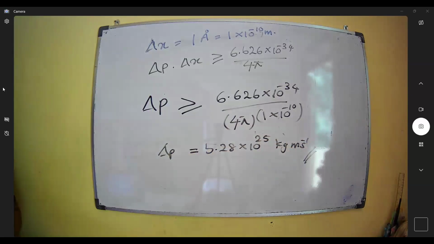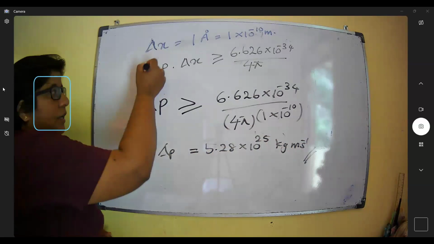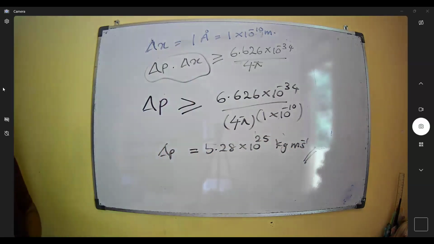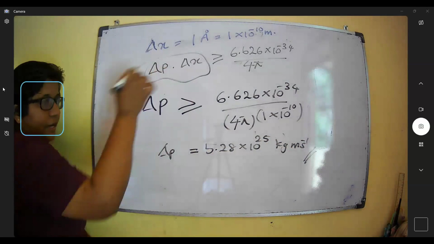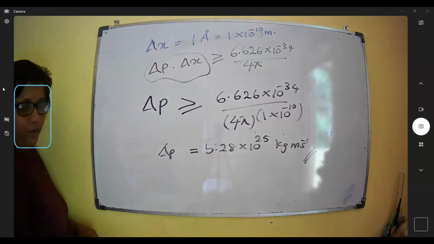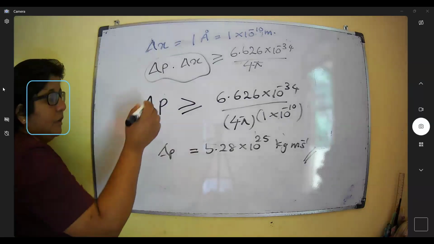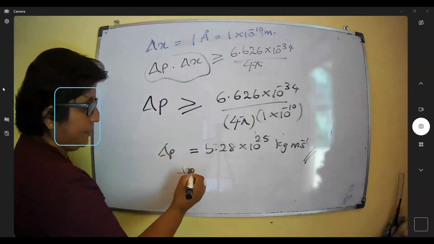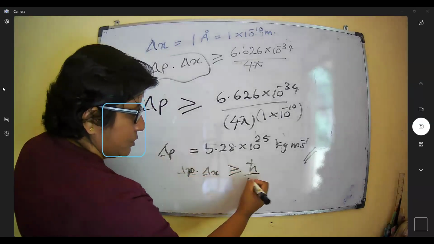Then very easy. You only have to remember the equation: the precision of momentum and the precision of position, the error of delta P and the error of delta X. Delta P into delta X is greater than or equal to H cross over 2.